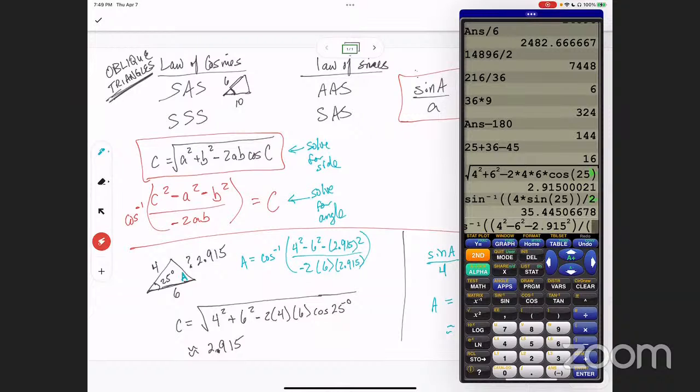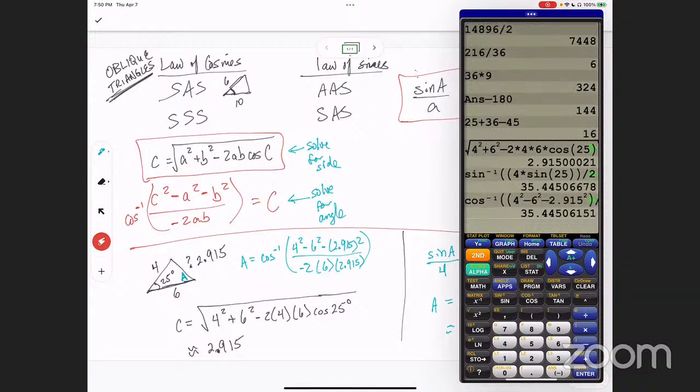I'm going to be super crazy with my parentheses. -2 times 6 times 2.915 parenthesis. So that's in my denominator, and hit enter. How about that? It's the exact same answer.